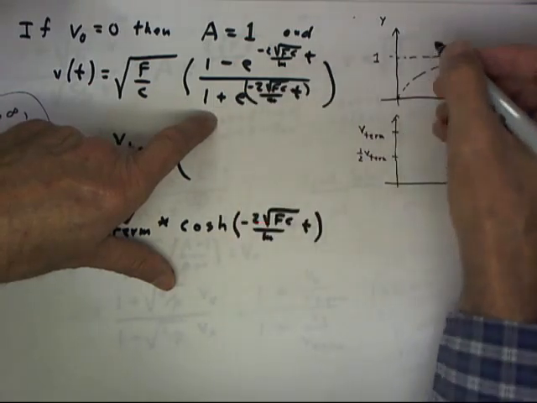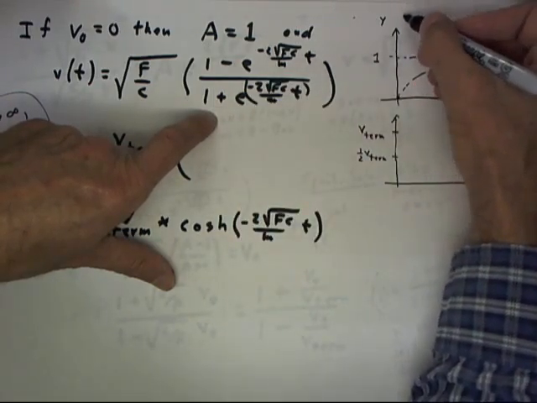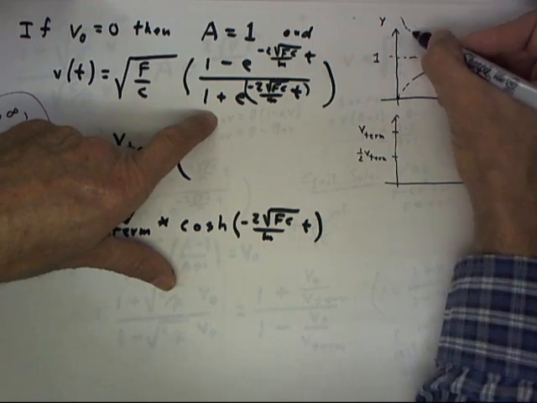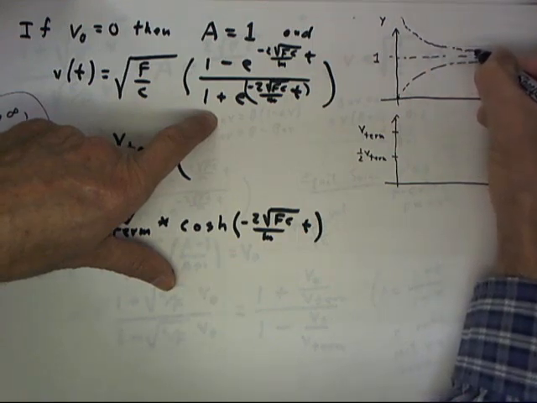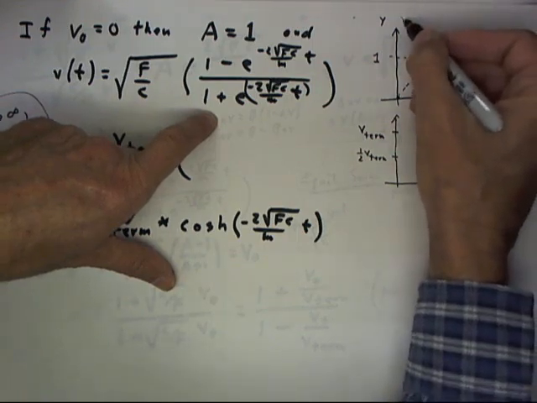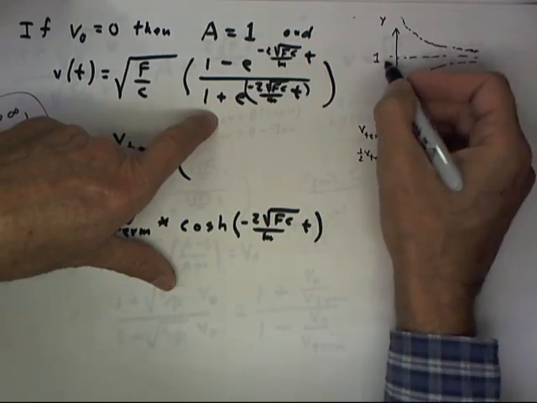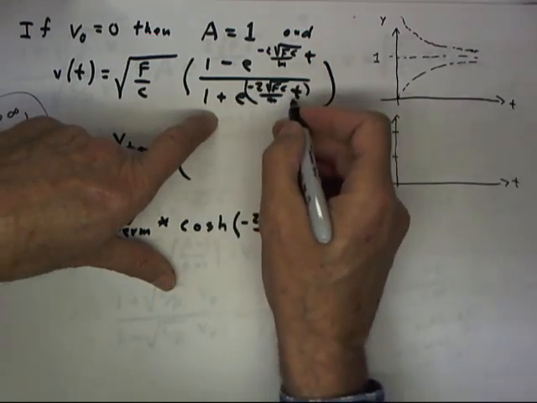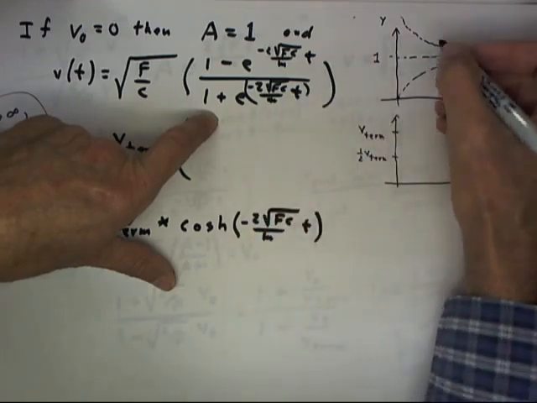The denominator function is going to start at 2 when t equals 0, and it's going to be approaching y equals 1 as t approaches infinity.